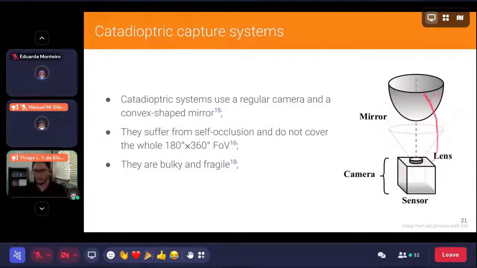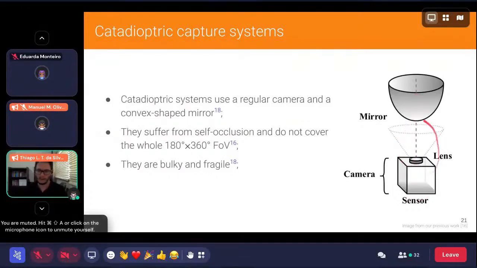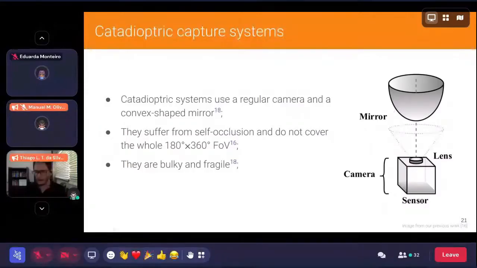It's not actually being used in current research or current industry, but in fact, this kind of sensor was used when this big omnidirectional imaging area emerged, like 20, 30 years ago.